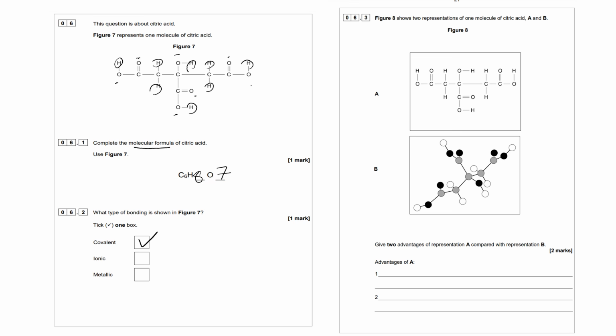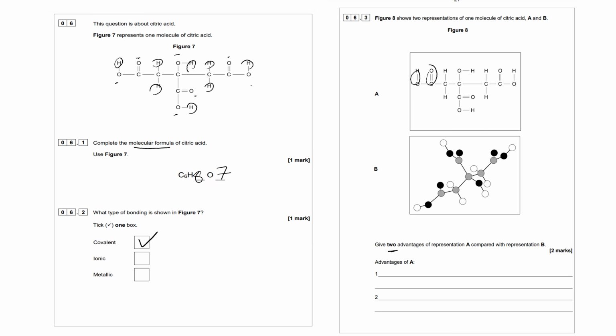This side it says the figure shows representations of a molecule of citric acid, A and B. Give 2 advantages of representing A compared to B. So what they're asking is, why is A a better model for citric acid as a display formula compared to B? So if we look at the two, you can see the single bonds and double bonds.